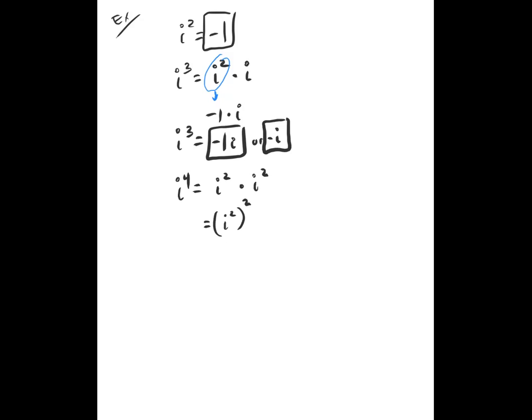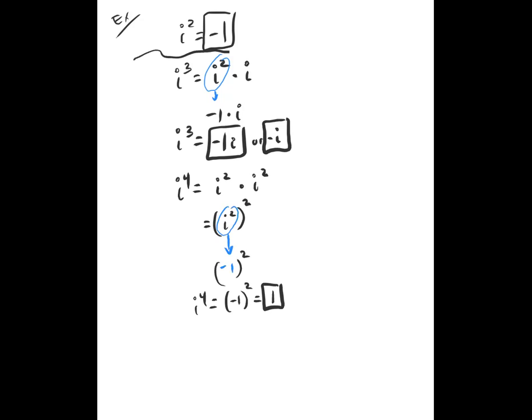And I know what i to the power of 2 is. i to the power of 2 is negative 1. And I bring everything else down. So i to the power of 4 is negative 1 to the power of 2, which just equals 1.